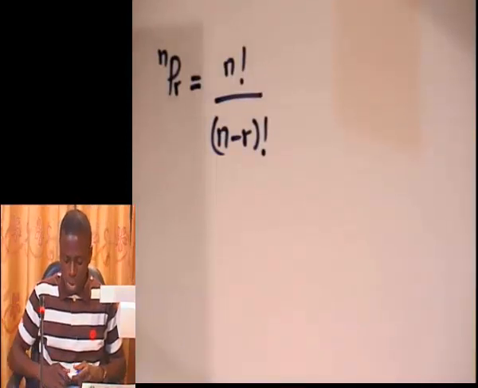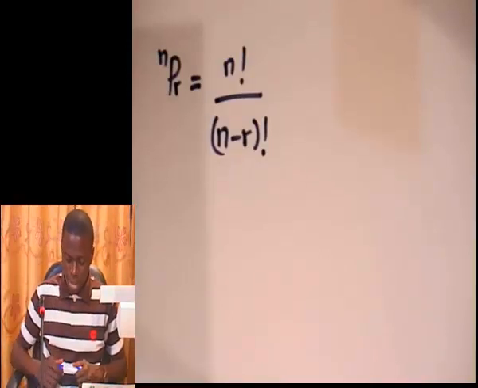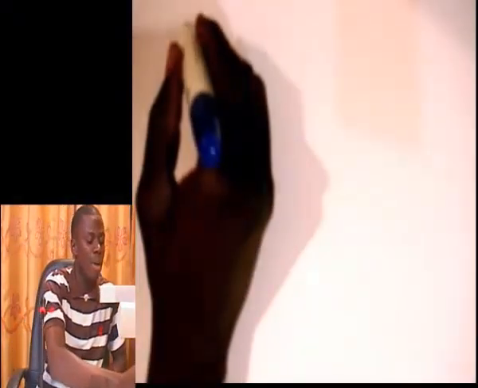In how many ways can we sit 4 boys and 2 girls in a row if the 2 girls are to sit next to each other? Basically, it means we are arranging 4 boys and 2 girls who must sit together. That's arranging 5 different objects, and that will be 5 factorial.